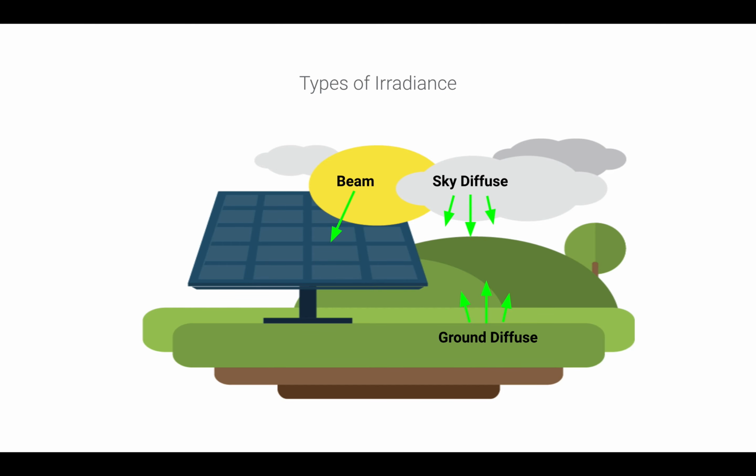Now, in addition to this, there are two types of diffuse or indirect irradiance that need to be accounted for. Sky diffuse irradiance, which is the light reflected from the atmosphere, separate from direct rays of sunlight that fall on the panel, and ground reflected diffuse irradiance, which is light that is reflected back up from the ground surface.